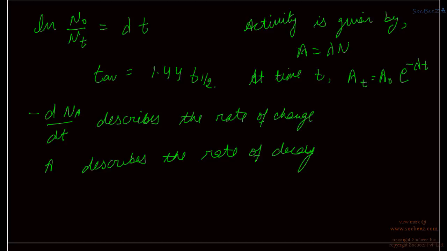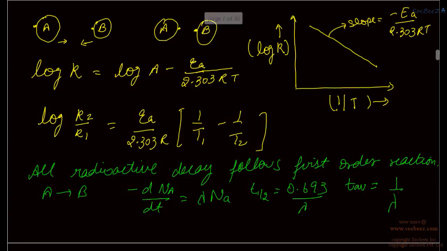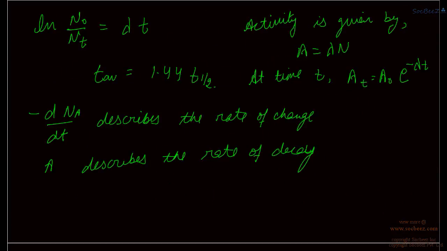So activity is different from dN by dt. Now, you have seen that minus dN by dt equals lambda N, and A equals lambda N, but their meanings are different.